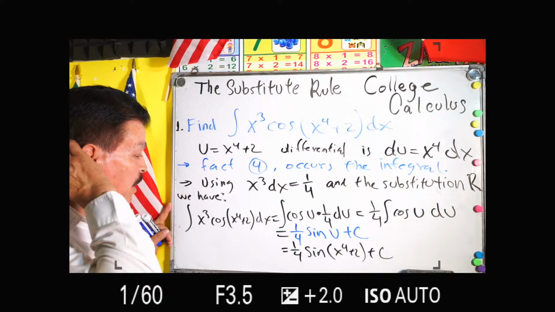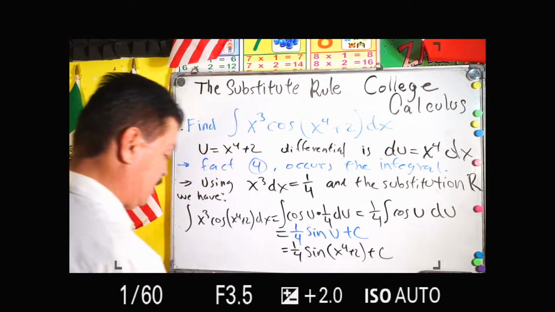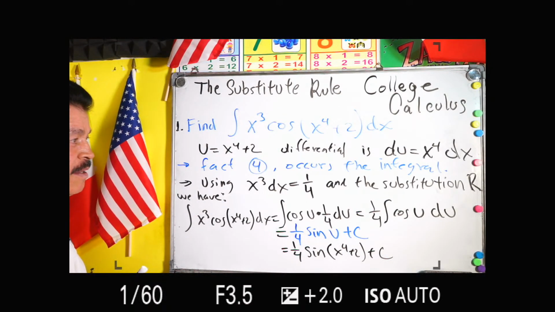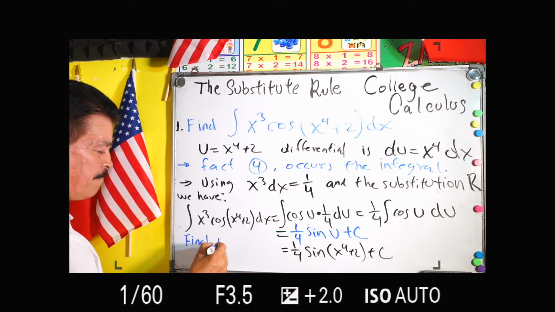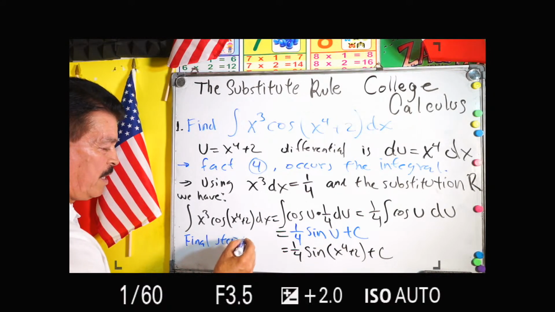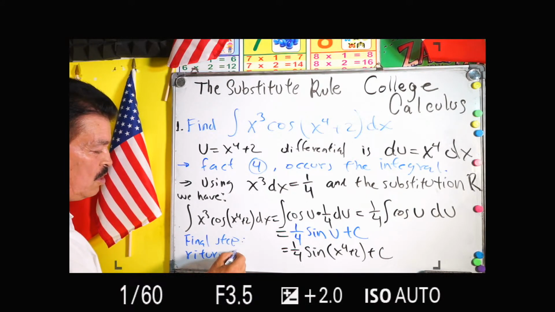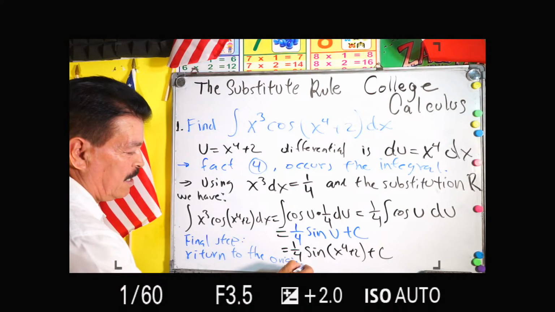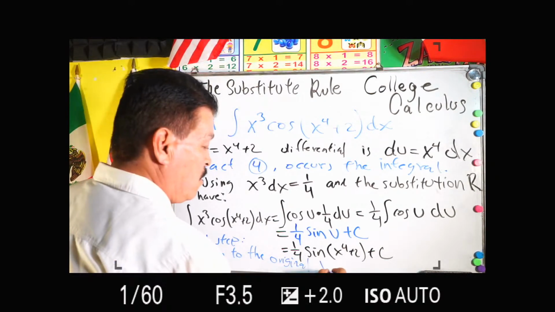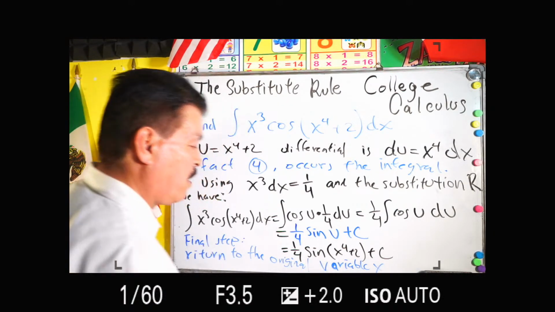All right, so this is the final stage. We have to return to the original variable here. This is unbelievable, right? The final step, we have to return to the original variable x.